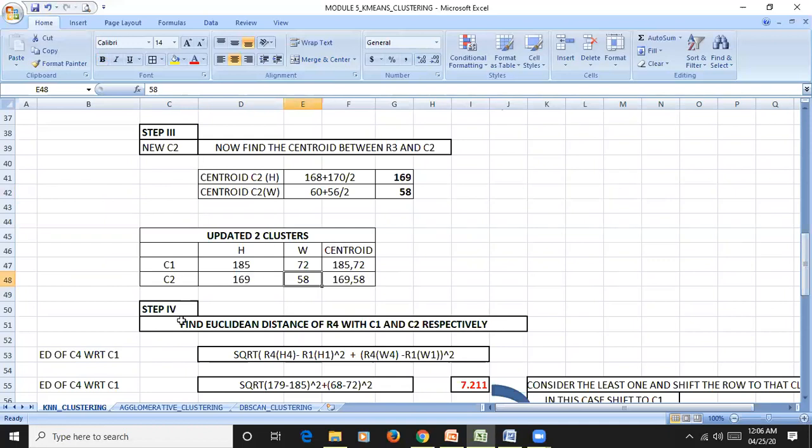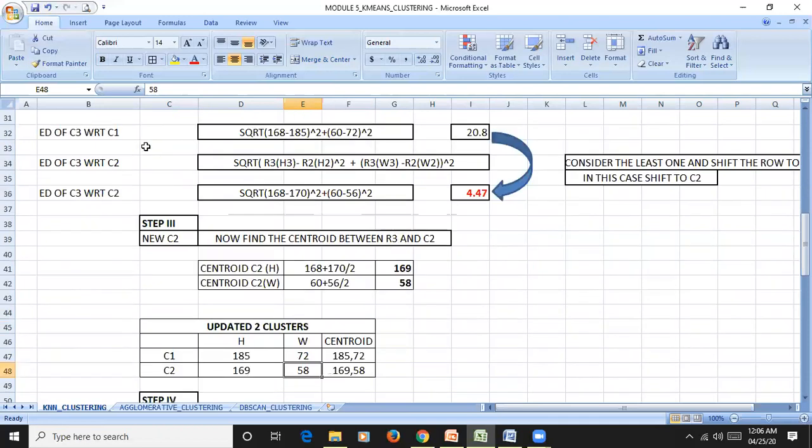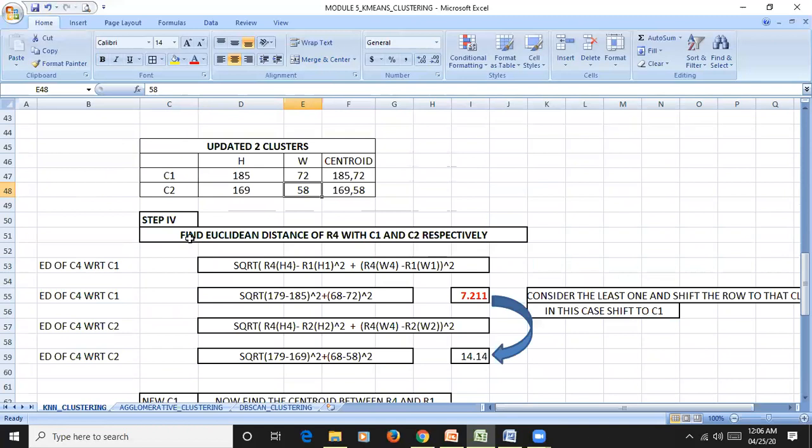After this step 3, proceed with step 4 in the same way as we did with step 2. R3 is over now, come to R4. Find the Euclidean distance of R4 with C1 and C2 respectively. Keep in mind C1 values will be these, and C2 values will be the updated values of C2.